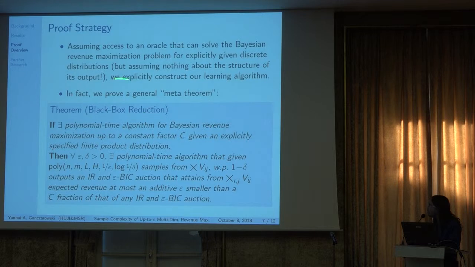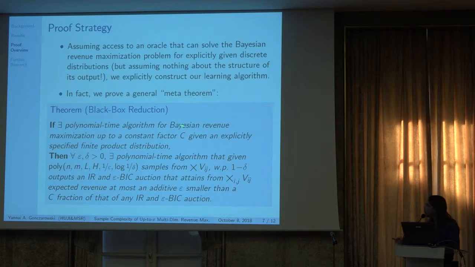And in fact, on the way, we prove a general meta theorem, a black box reduction, if you wish, that says if for some constant c, there exists an efficient algorithm that can solve Bayesian revenue maximization up to a constant factor c for an explicit finite product distribution, then there exists an efficient learning algorithm that can match this constant c up to an additional additive epsilon, that can PAC learn for the exact same setting using polynomially many samples.